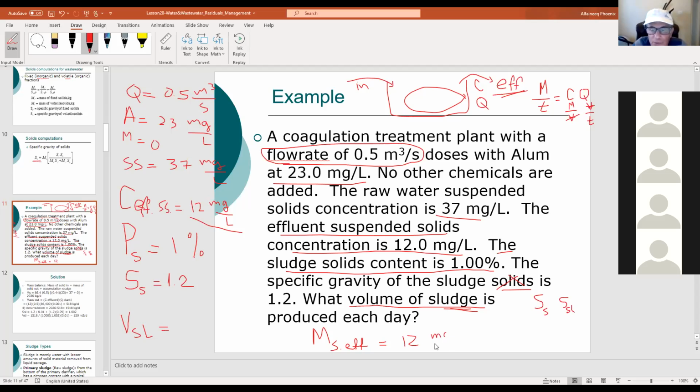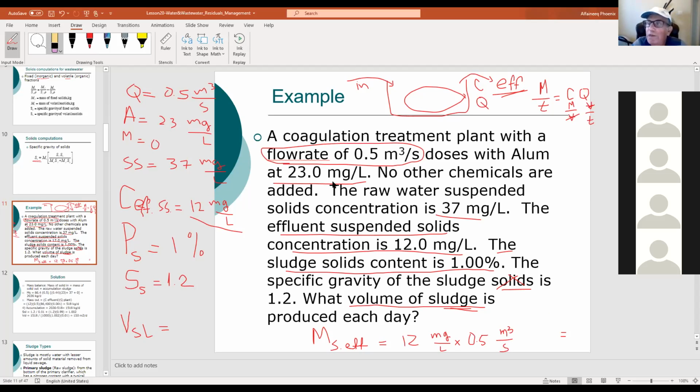Be careful now with these units, times Q, 0.5 meter cube per second. All right. Now, to be consistent, the answer should be in kilogram per day, right? Because what we have just calculated was in kilogram per day. So this must be in kilogram per day.